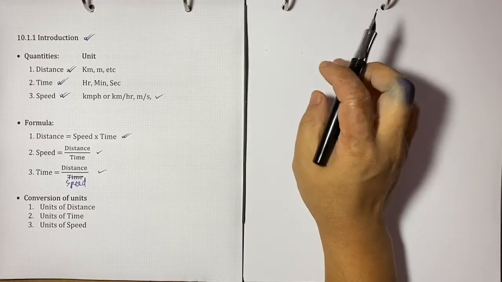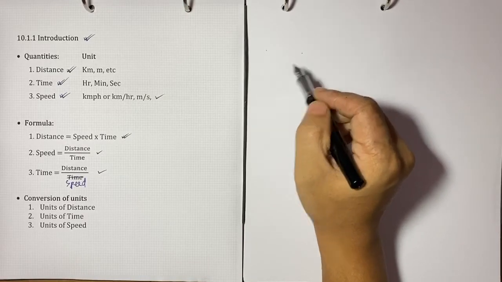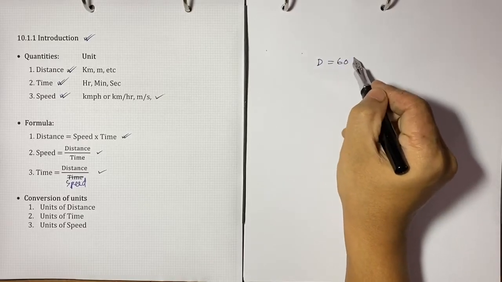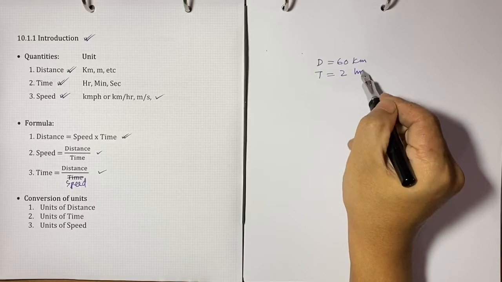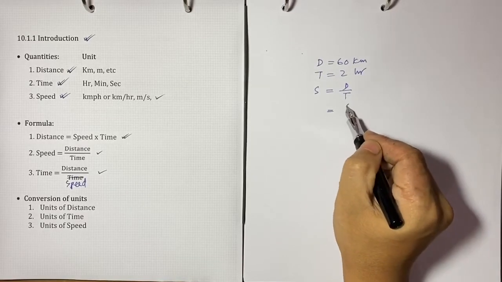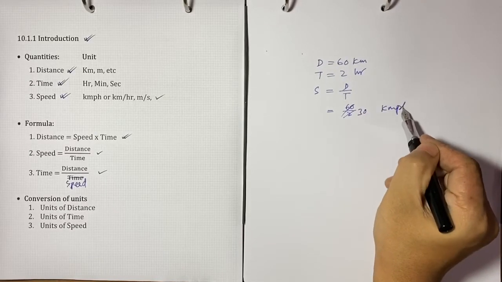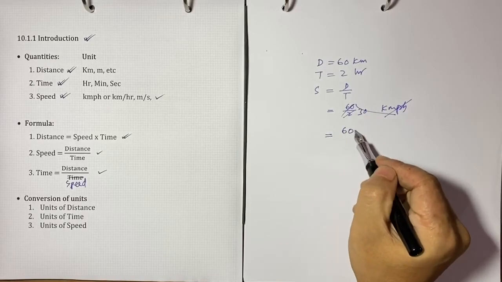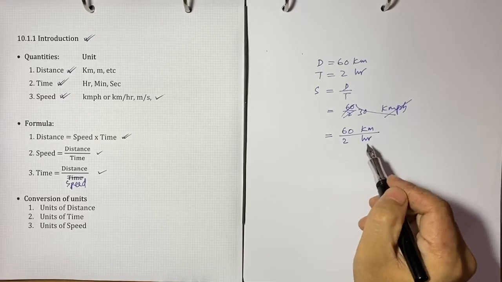Let me explain something very basic. For example, distance equal to 60 km, time equal to 2 hours. Speed is distance divided by time. Generally we directly write 30 kilometer per hour. But here the units must be converted.